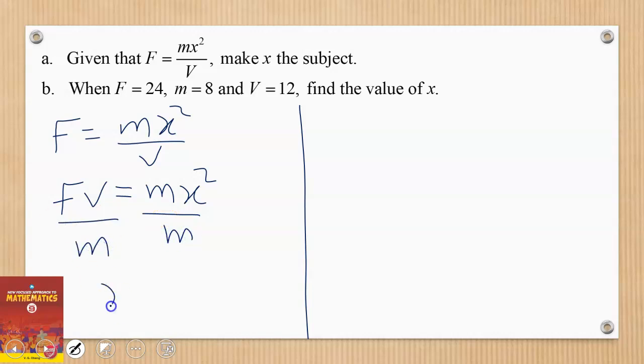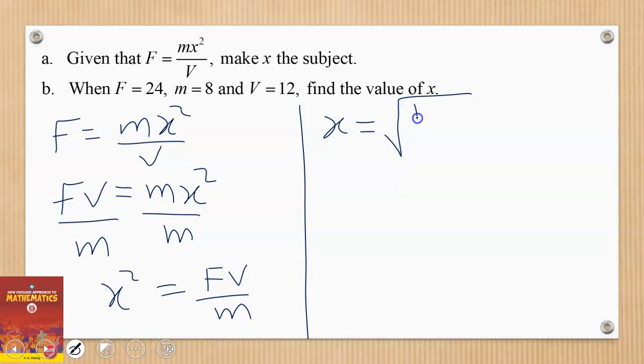So our x squared becomes fv over m. Right. So we want to find x, so we say let's root both sides, and so that we get square root of fv over m, and that becomes our value of x.